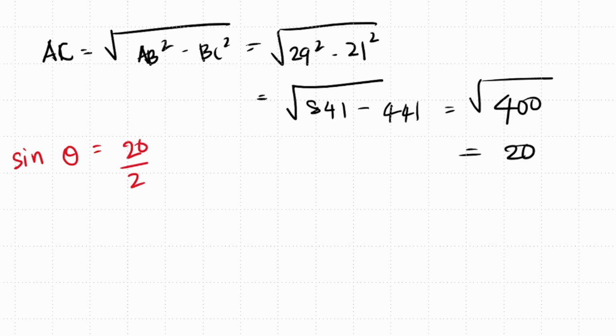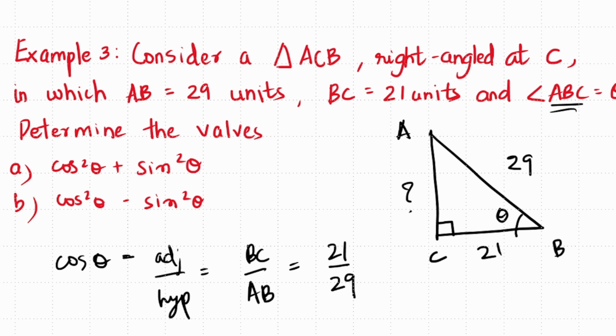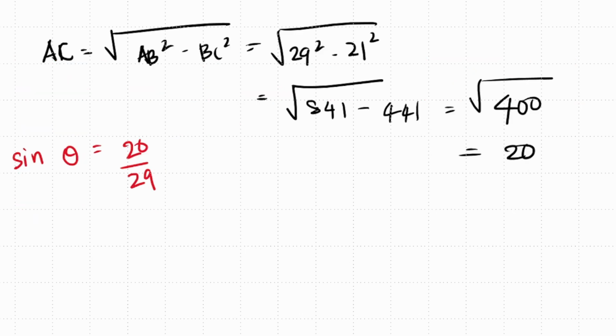20 by 29. And in this question, they have asked the value of part A: cos square theta plus sine square theta.